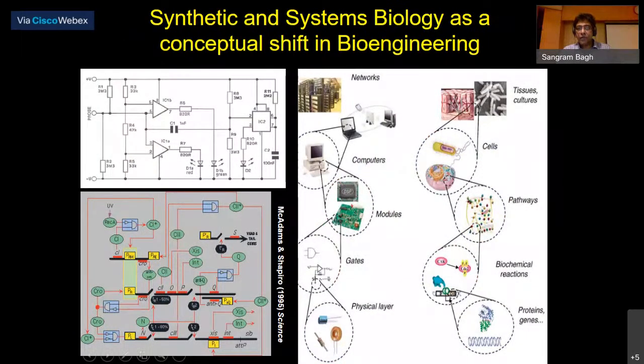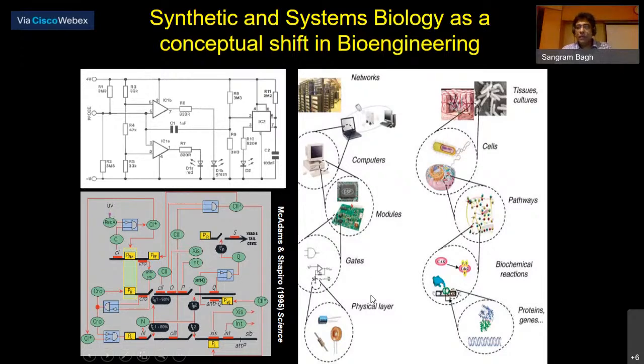Last week we talked about how we do not know the rules at different scales, from proteins to genes, biochemical reactions and pathways, and how these are connected together, because it is so complex. But we have seen that if you take some principles from electrical or electronics engineering and apply them to biological networks, you can explain their properties up to an extent. And that is the starting point of synthetic biology.